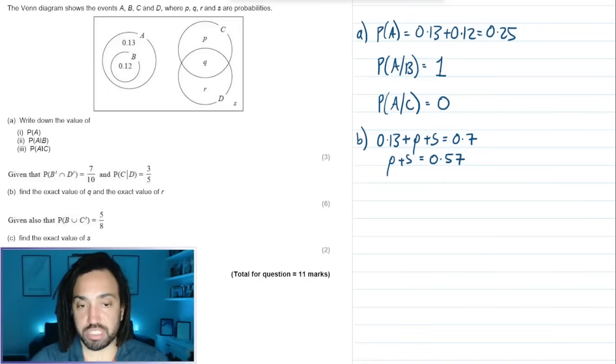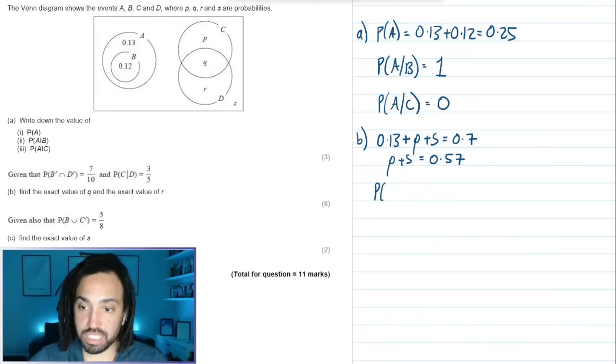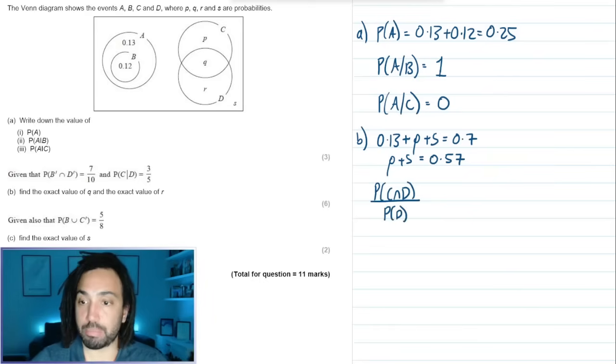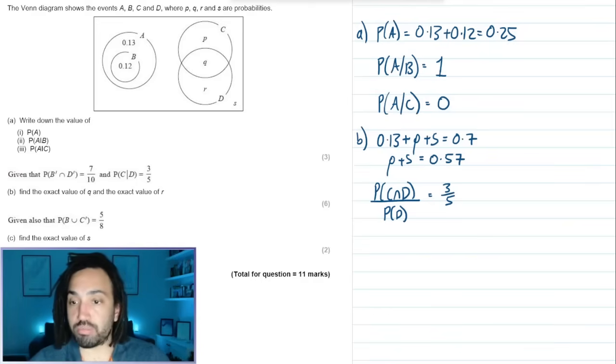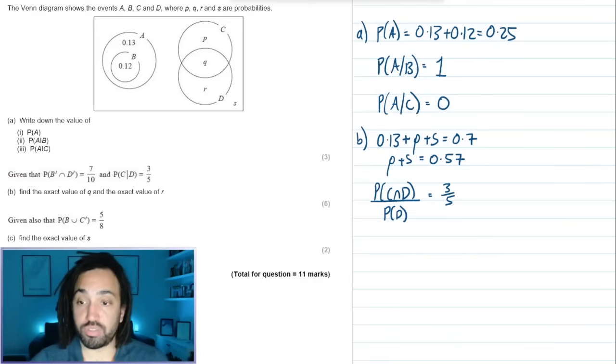Okay, so now let's look at this one. It's the probability of C given D. And the way that we can write that is the probability of C intersection D over the probability of what's given, which is the probability of D, and we're told that's equal to 3 over 5. Okay, so let's first find the probability of C intersection D. So where does C and D intersect?